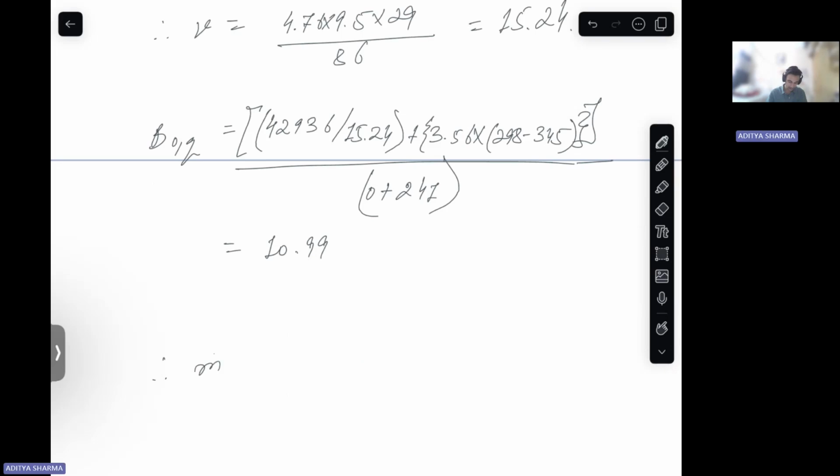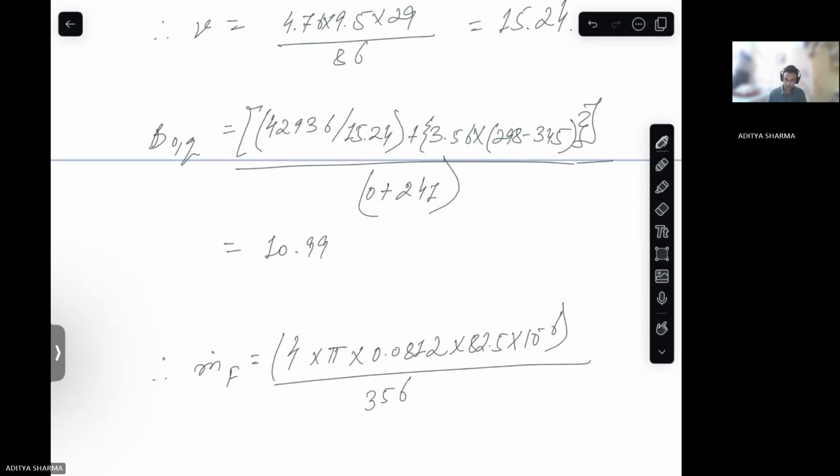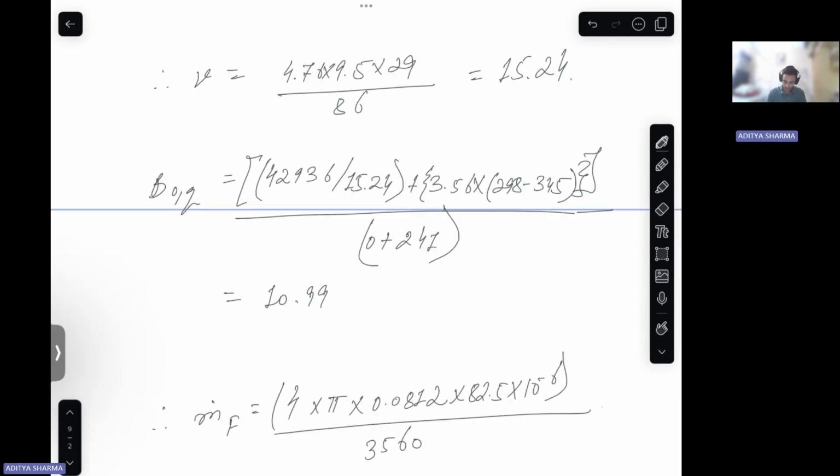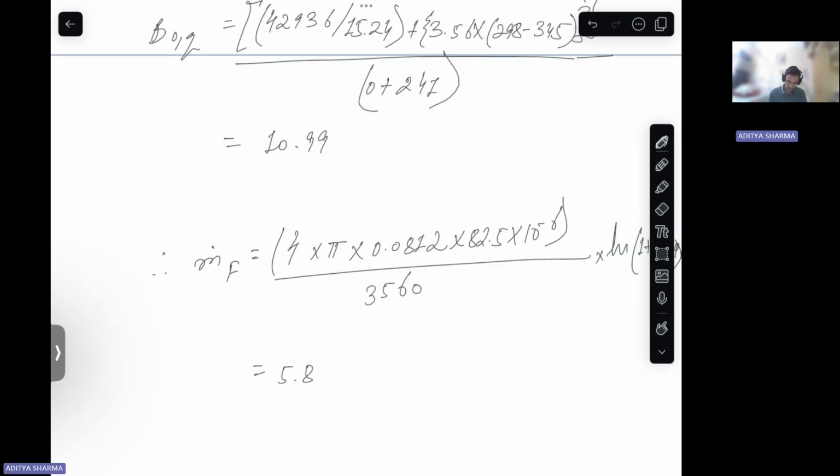Now we can put all the values that we have derived in the formula given above, and into ln of 1 plus 10.99. So if you solve this, this will come out to be this.